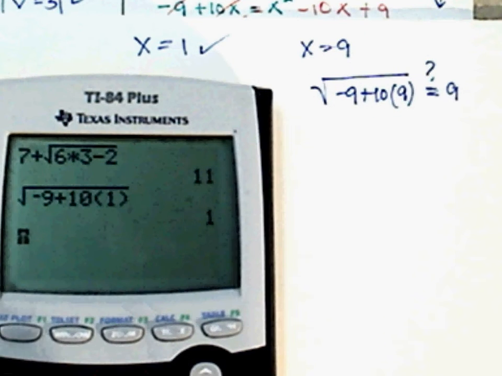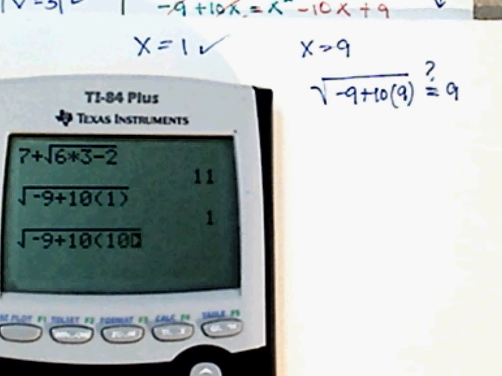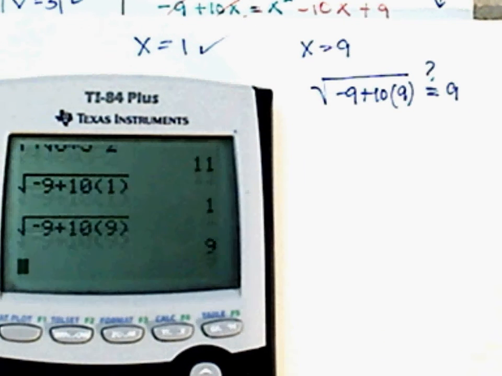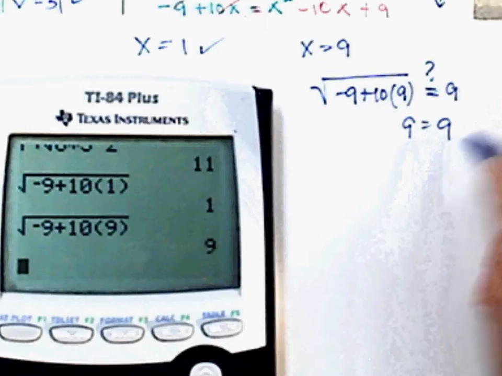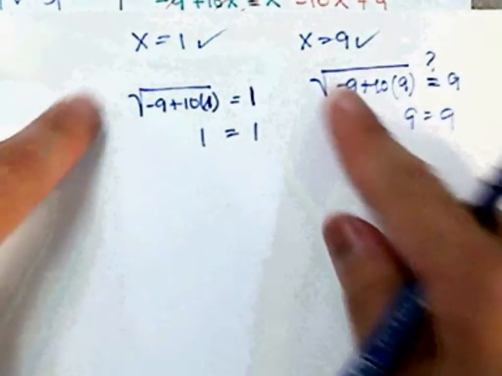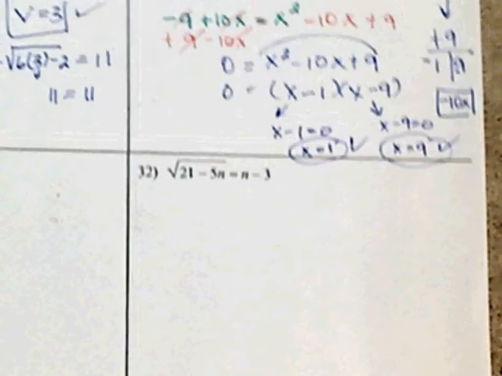Square root, negative 9 plus 10 times 9, parentheses. So it's 9 equal to 9. Absolutely. So this one has how many answers? 2. Okay. So both of these will work. So you have 2 answers.